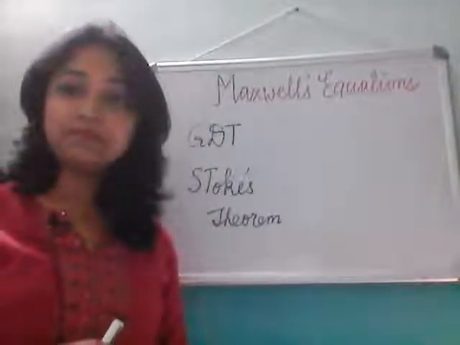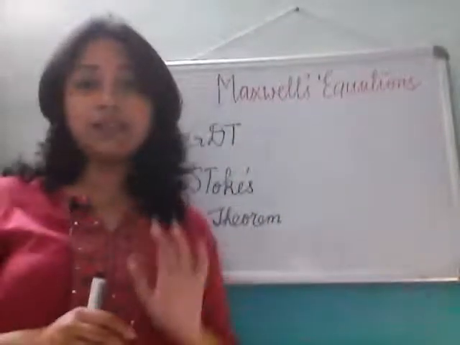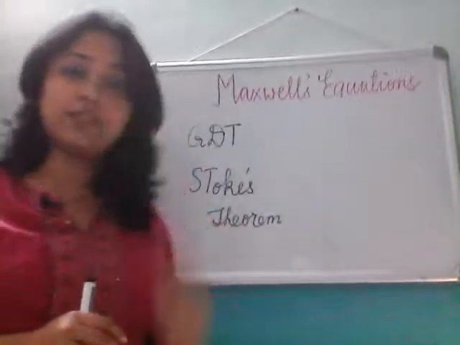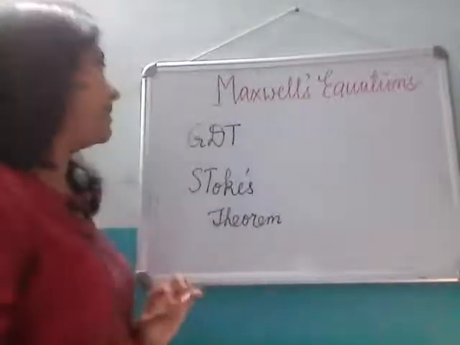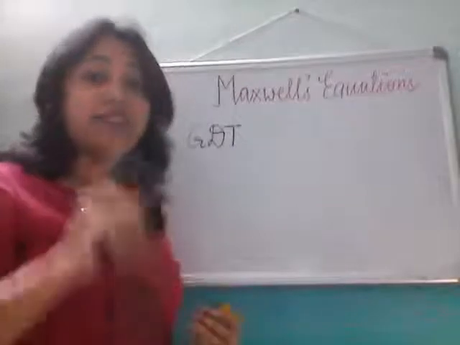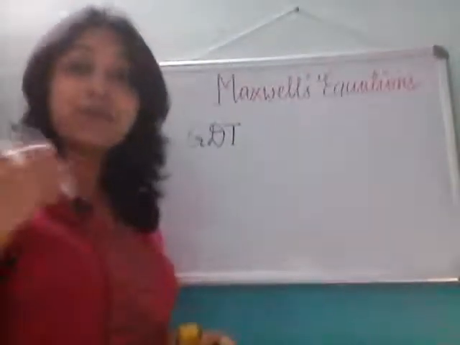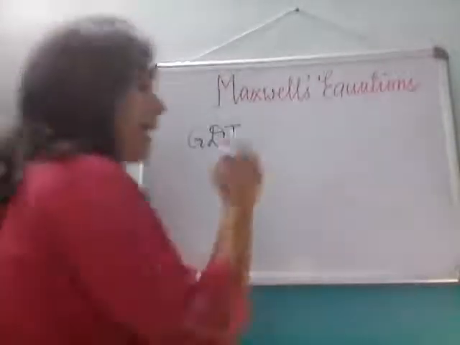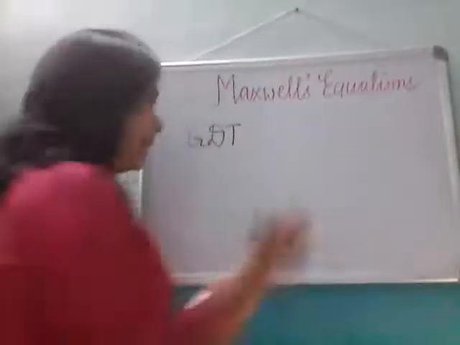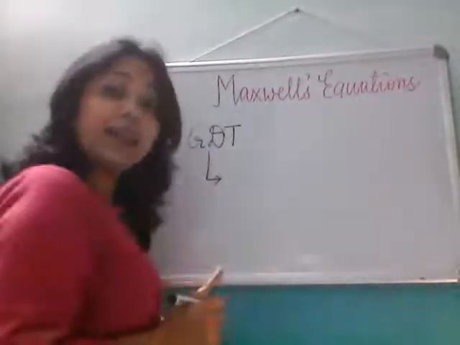Right? So let us see how the mathematical combination of the Gauss divergence theorem as well as Stokes theorem looks like. Alright, so when we are going to write the Gauss divergence theorem, remember there has to be some kind of a divergence of some vector coming in. Suppose I have a vector, say A, then as per the Gauss divergence law, what can I write?